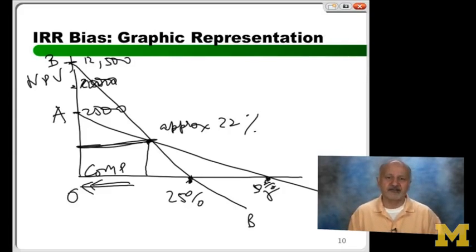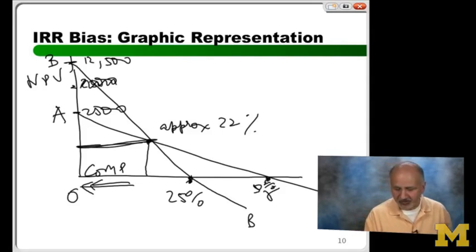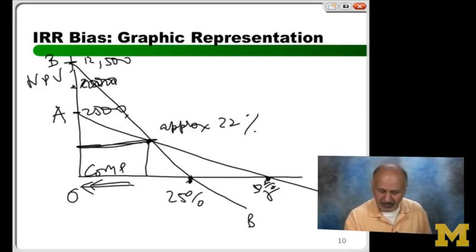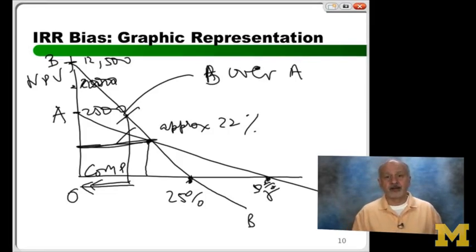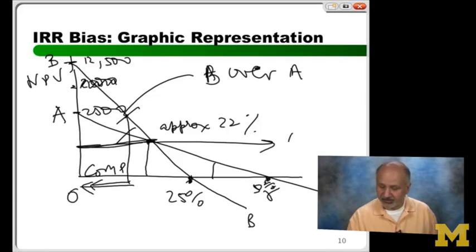It's very tough to create value, okay? So to make high rates of return. So the competition, if it's here, which is quite likely, which project will you choose? You'll choose B over A. If the discount rate is somewhere here, beyond this point, you'll reverse this. You'll choose A over B.